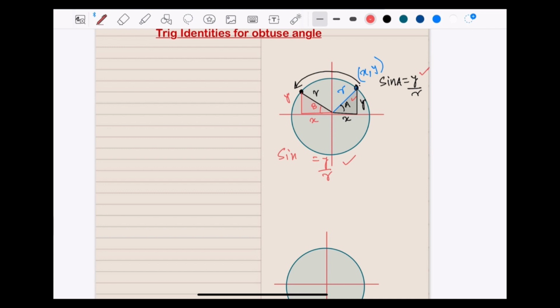And since we measure the angle, if you see that the second one, the red one, is in the second quadrant, which means the angles which are greater than 90 and less than 180.